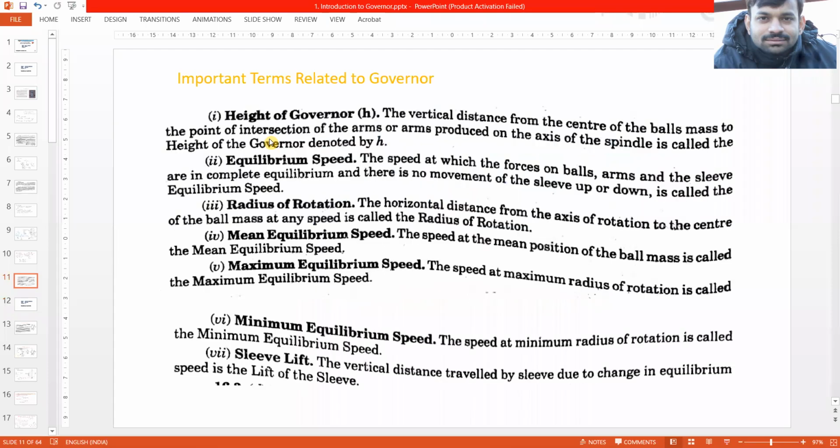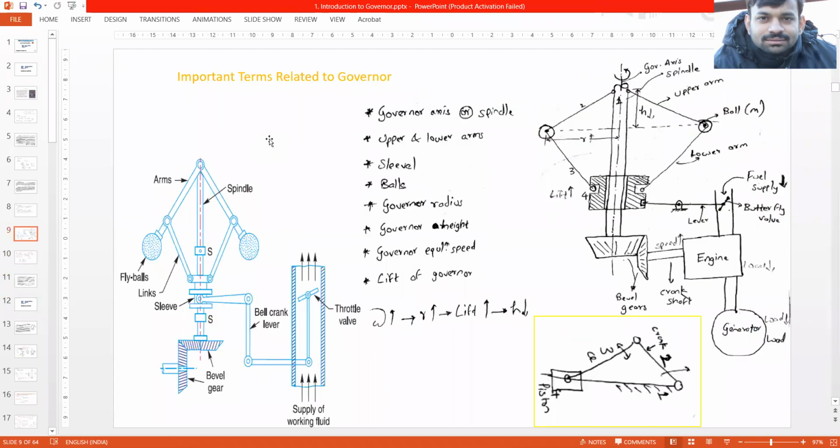So, in the previous lecture, so far we have discussed the important terms related to the governor. We saw what the governor axis was, the arms of the governor, then the spindle of the governor, what is meant by the height of the governor, radius, then lift of the governor, and so on. Governor equilibrium speed, sleeve, and the fly balls, right?